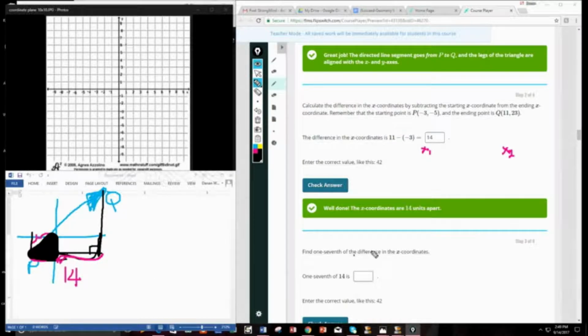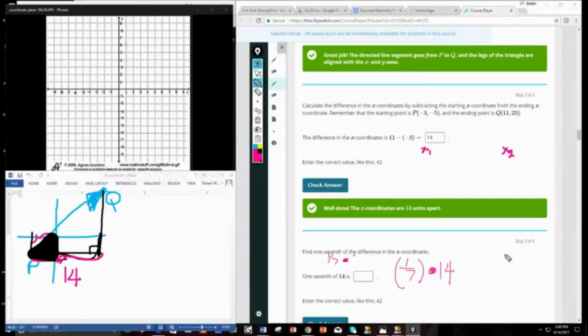So let's break this down. 1/7 I know I can write as 1 divided by 7 of, in math, is represented by multiplication, the difference in the x-coordinates. Well, that's 14. So I'm going to have a math statement that says 1/7 of, or times, 14.